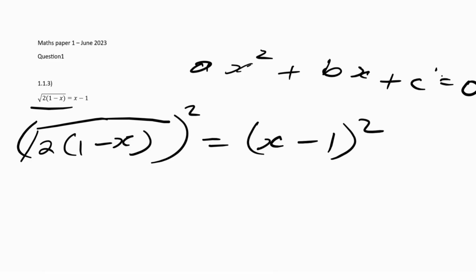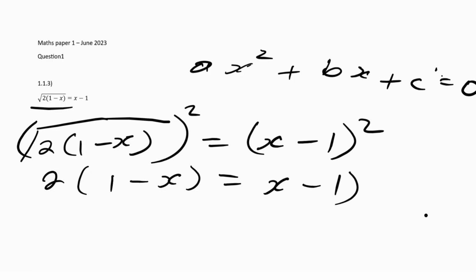So we have that is squared, which means this square is going to cancel out this power. So we'll have 2 1 minus x, right? And then that will be equals to x squared. So we can also expand this as x minus 1 times x minus 1.